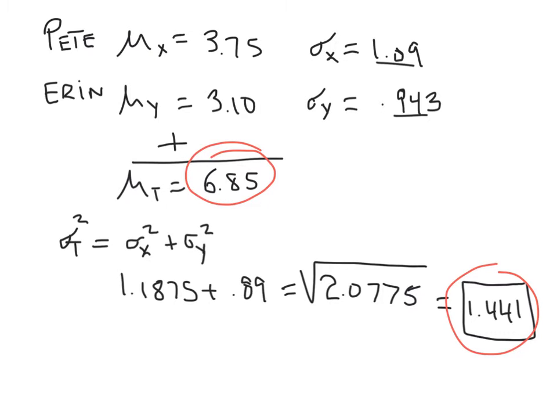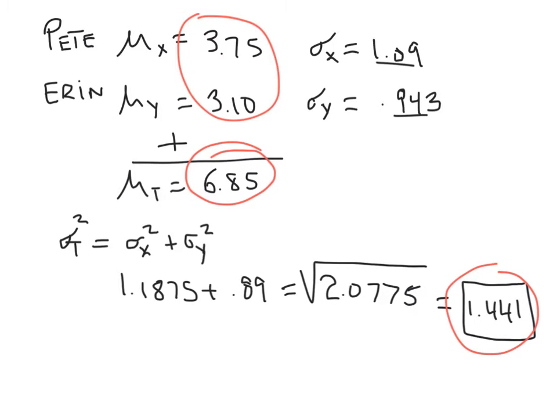Now, what if you say, well, what's the difference between Pete and Erin? Now, what you would do is simply subtract these. But here's the problem. It's a little confusing, but I'll try to explain it this way. The 2 Jeeps have a range of seats.